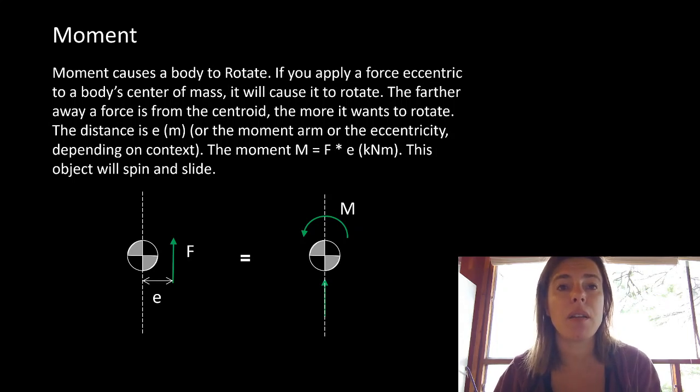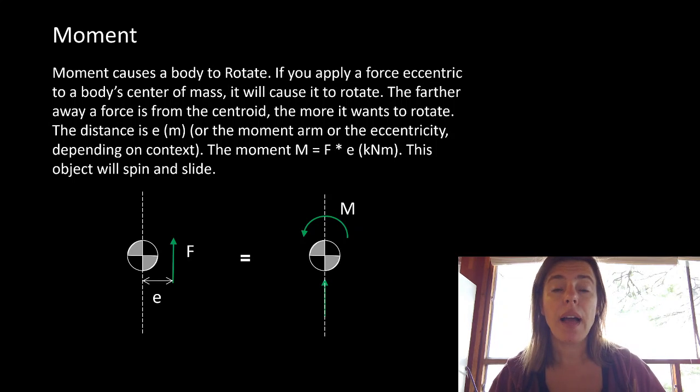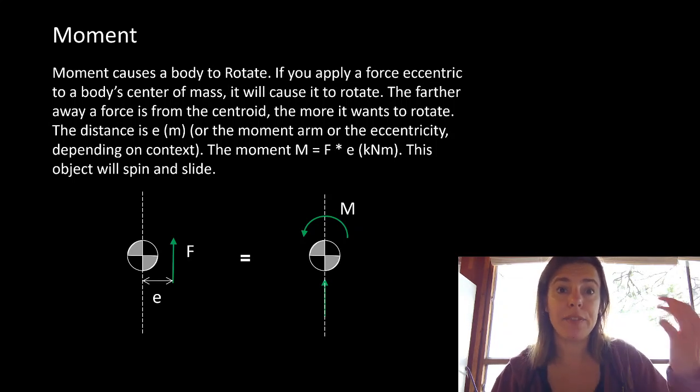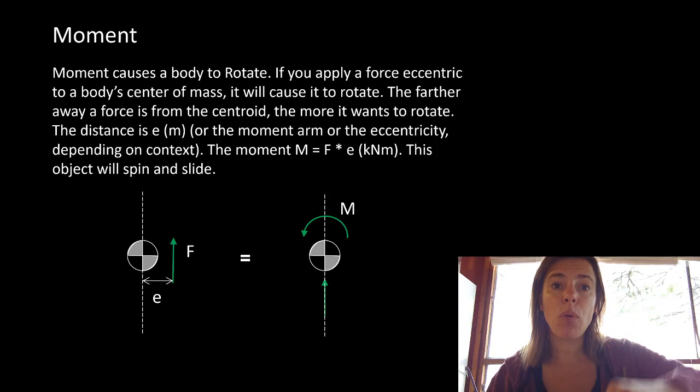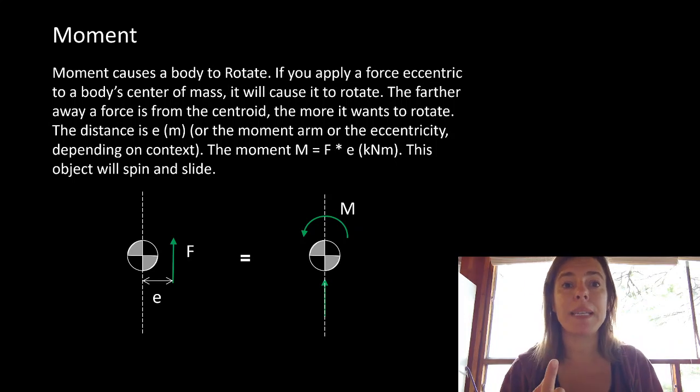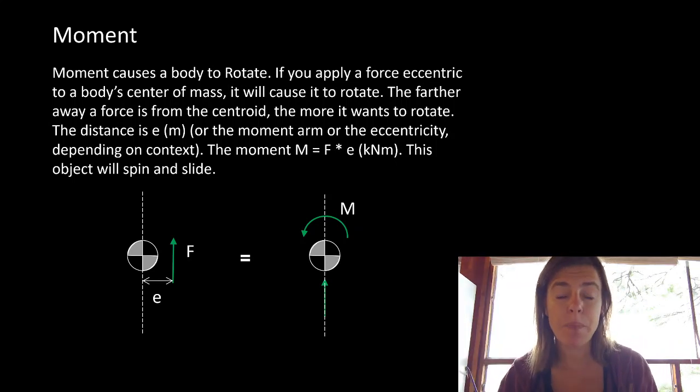You understand this concept when you're talking about levers. The longer the lever, the easier it is to make the thing lift up. It's because you are applying more moment to it with the same amount of downward force. You've moved that force further away, which causes more moment on the system, which makes it easier to lift that object up. So intuitively, you have this understanding of moment and how to make it work better.